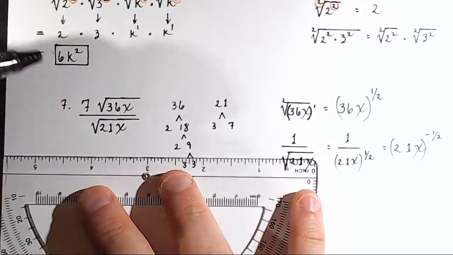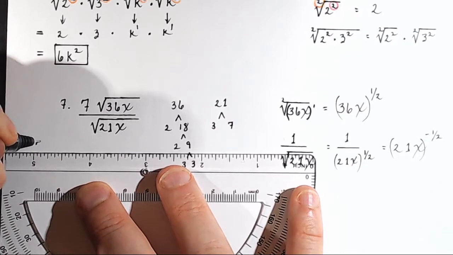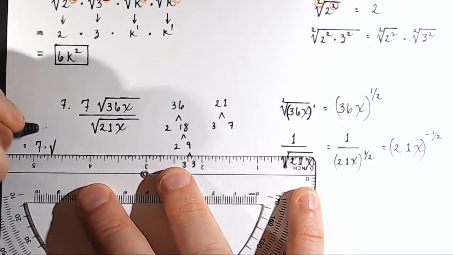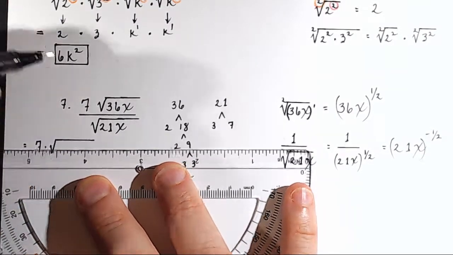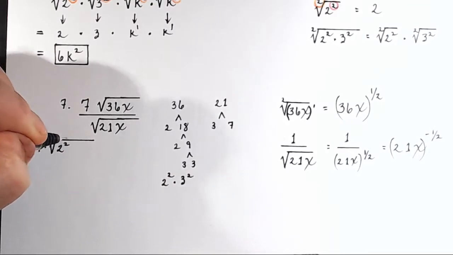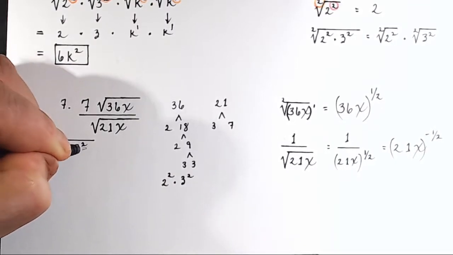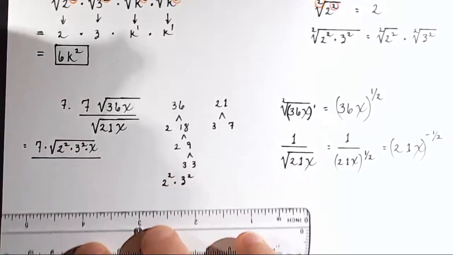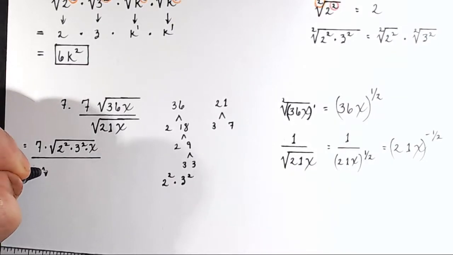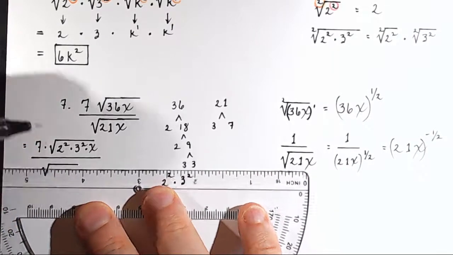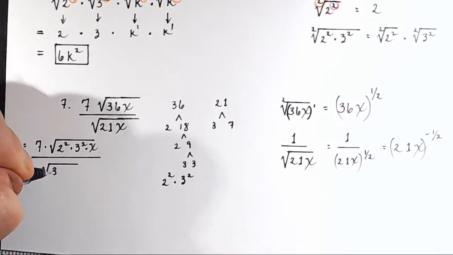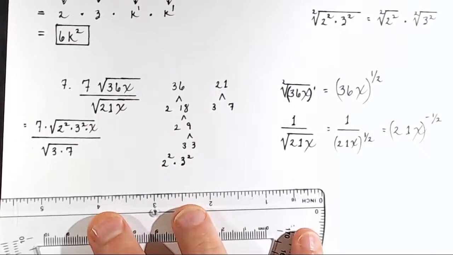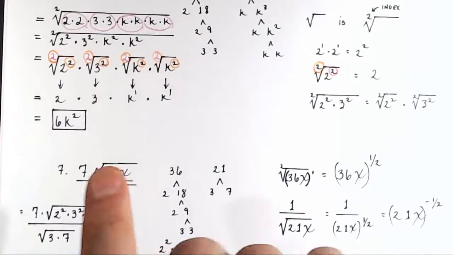Let's now rewrite this as 7 times the square root of 2 squared times 3 squared times x, all that under the square root, over the square root of 3 times 7. Okay? So remember, we're going to now break these roots up just like we did up here.